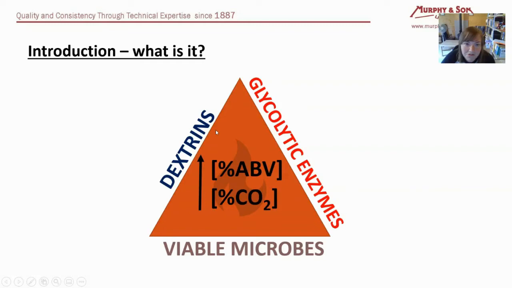If you've got dextrins which can be broken down, and you've got these glycolytic enzymes which come from the leafy matter in your hops, and you also have viable microbes, obviously that's usually your brewing yeast, then you will get a rise in the concentration of your ABV and carbon dioxide. Obviously, the amount of this concentration hugely depends on the amount of dextrins, contact time, the amount of dry hopping that you do, and obviously the cells that are still viable and in suspension.